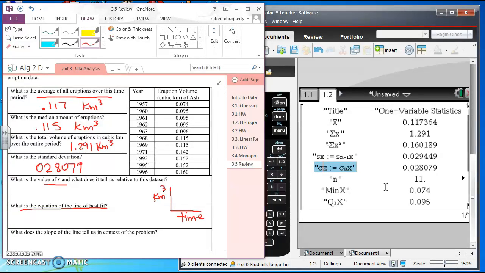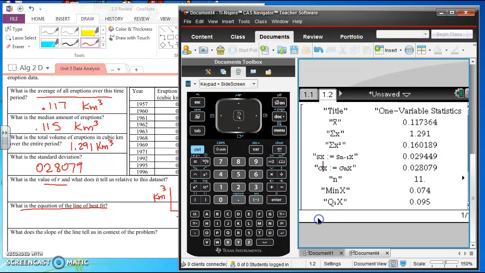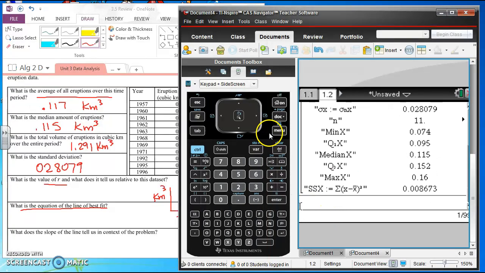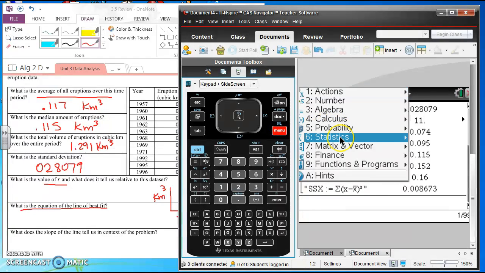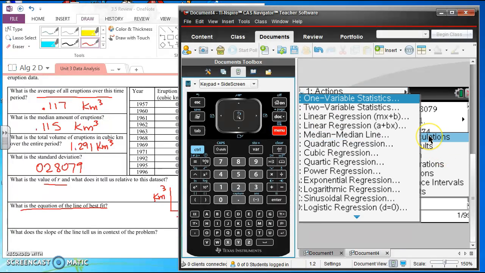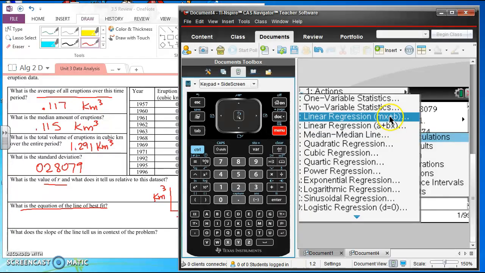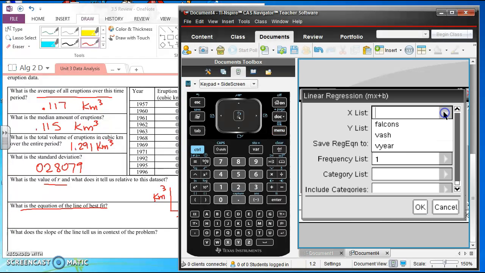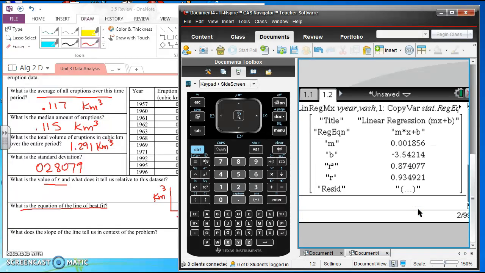To find that line of best fit, I can stay there in my calculator page. Two ways of doing it. If I stay in the calculator page, I can do menu, statistics, stat calculations, linear regression. So my x variable would be the year, and my y variable would be the amount of ash. And so when I look at that, that gives me the line.